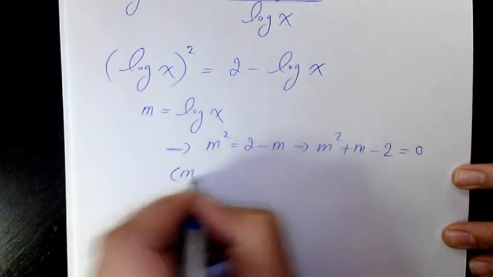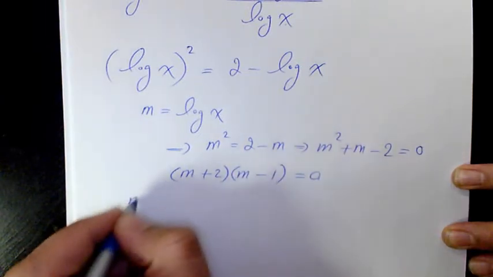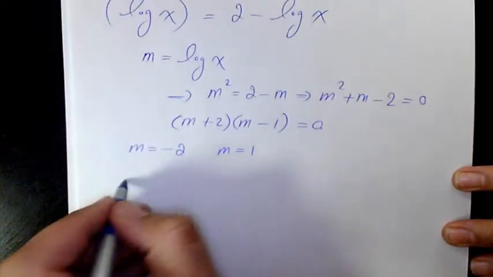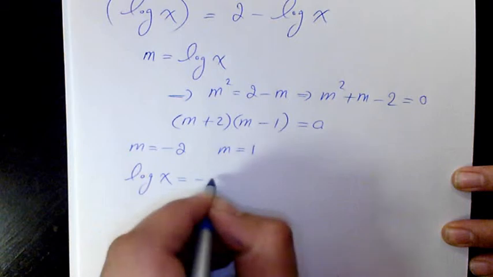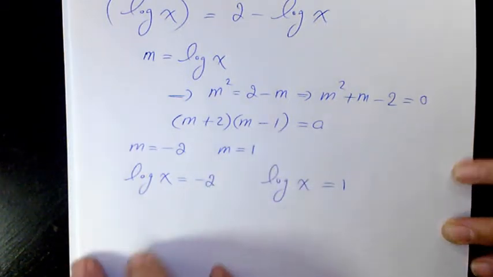So when you factor, it's going to be m plus 2, m minus 1 equals 0. So m is going to be either -2 or +1. So log x either is -2 or log x equals 1.